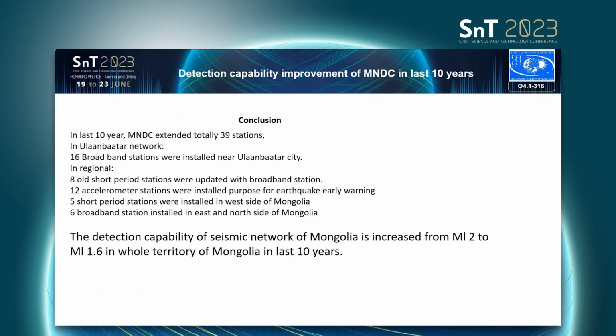So the result is that the detection capability of the Mongolian seismic network increased from magnitude ML 2 to ML 1.6 in the whole territory of Mongolia.